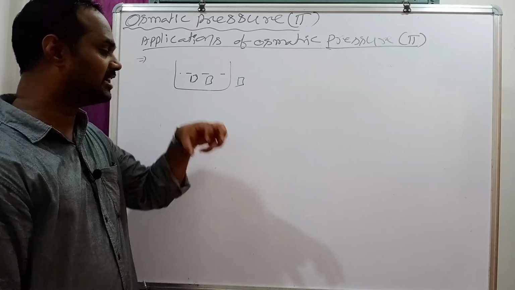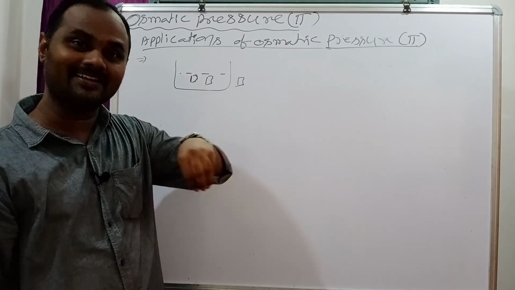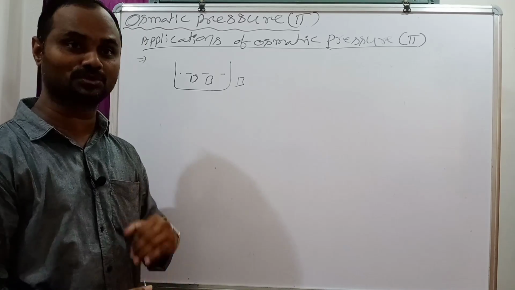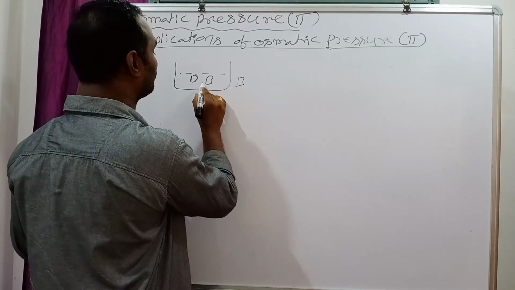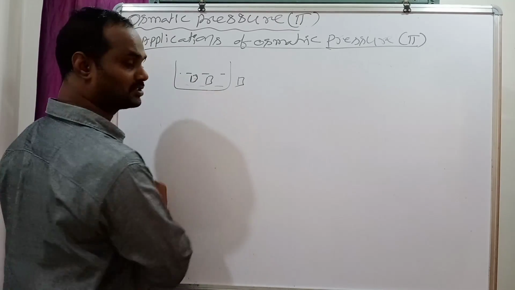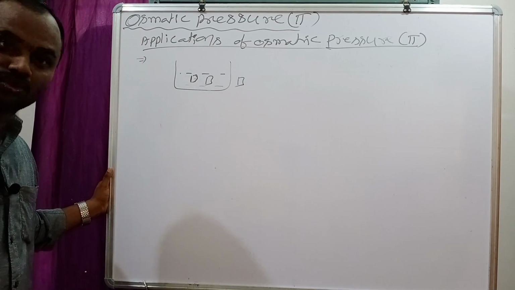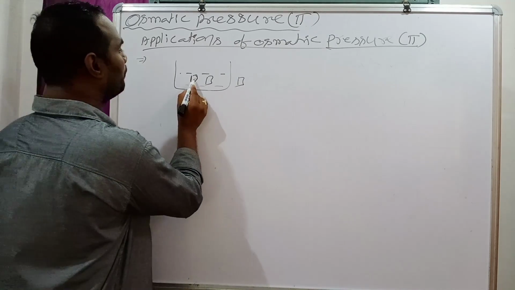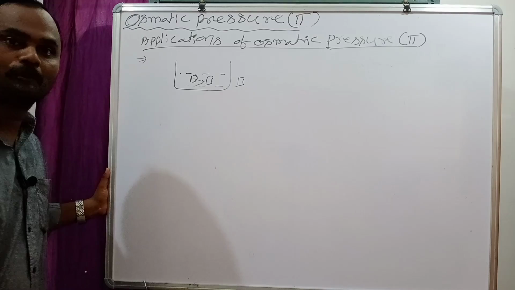Reason: the mango pieces are pickled in concentrated salty solution. Inside the mango piece the concentration is less, and the outside pickle solution concentration is more. Due to this, osmosis takes place from the mango piece to the pickle.